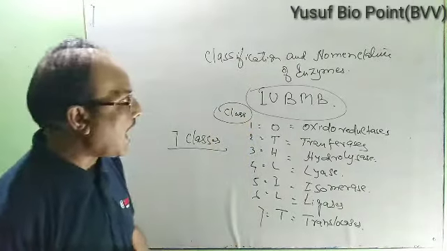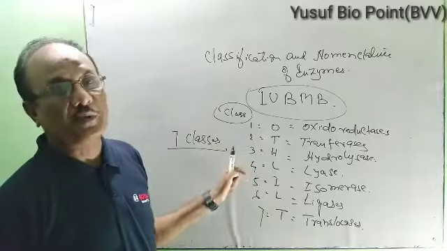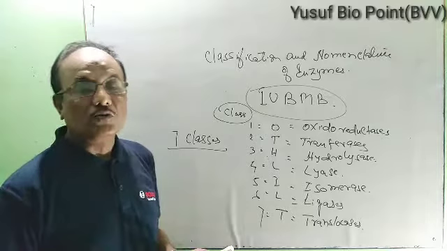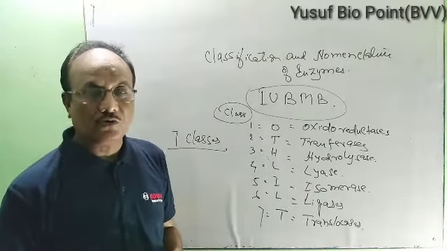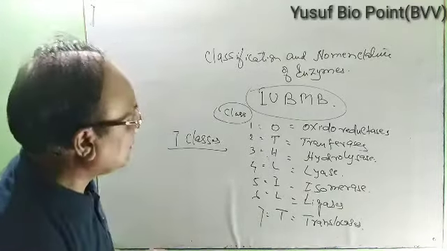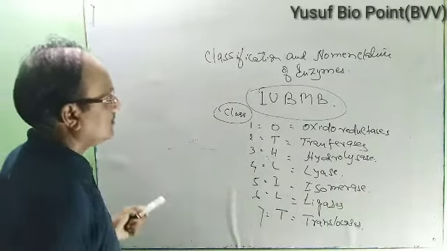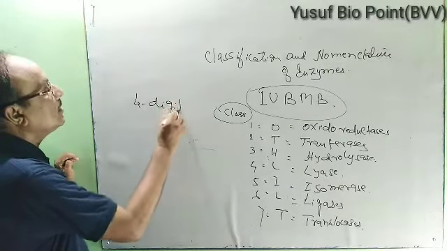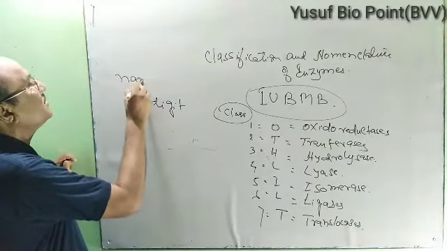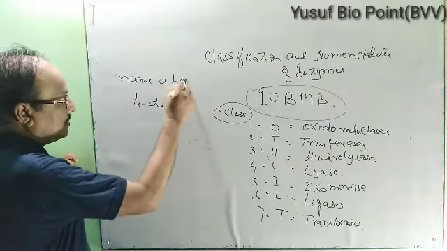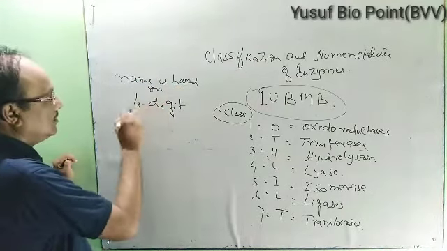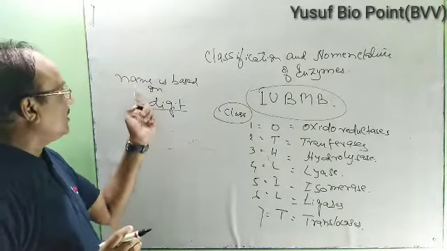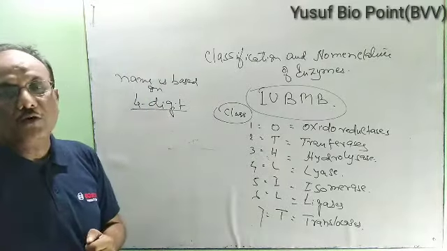On the basis of this class, the nomenclature is mentioned, and that nomenclature is based on 4 digits. Understand? Their name is based on 4 digits.